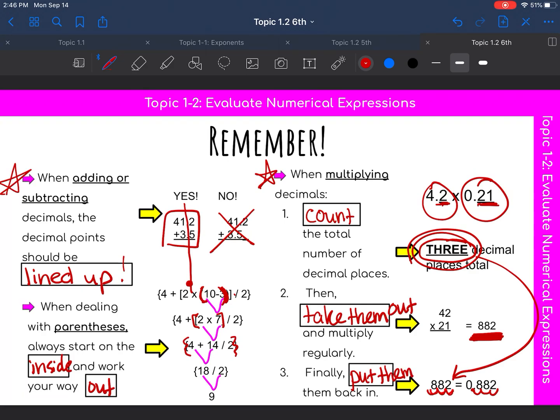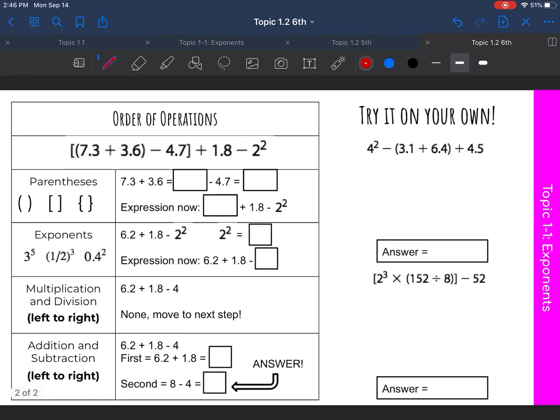Finally, you're going to add them back in so that you're left with a decimal in your final answer. So multiplying decimals: take them out, count how many decimal places you have, multiply, and replace how many decimal places you took out in your problem. All right, so that's just a little review. Now we're going to get to order of operations.